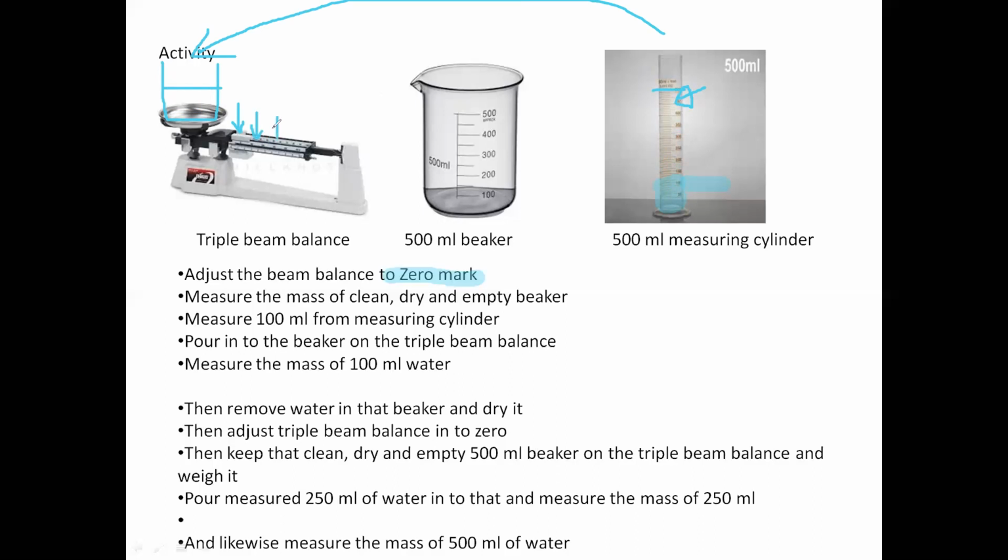And then you have to measure the weight of this beaker with 500 milliliters of water. Now you know 3 measurements. And really it's 4 measurements, you know the weight of the empty beaker as well.